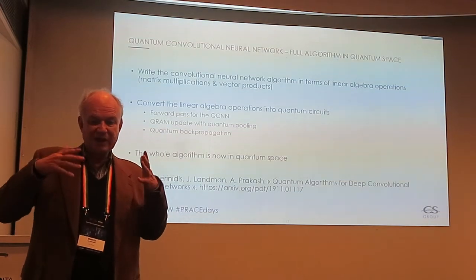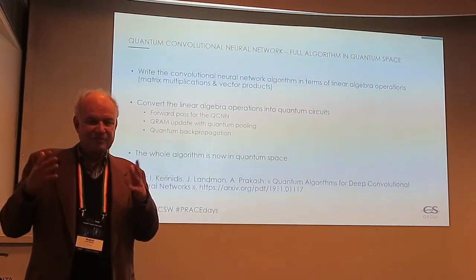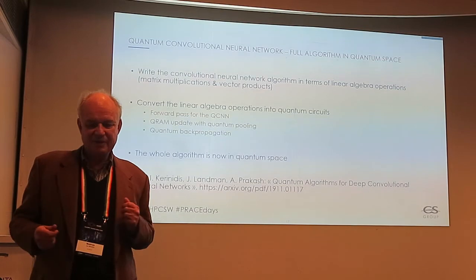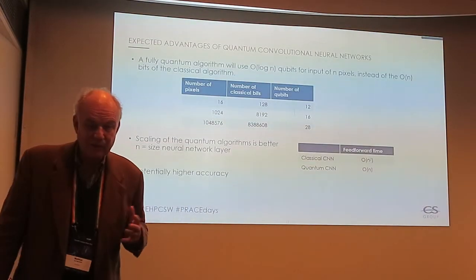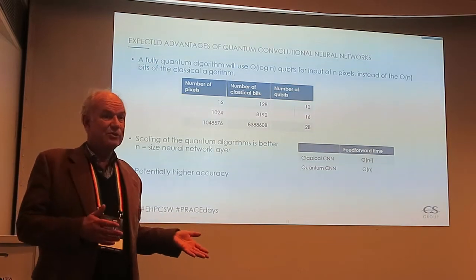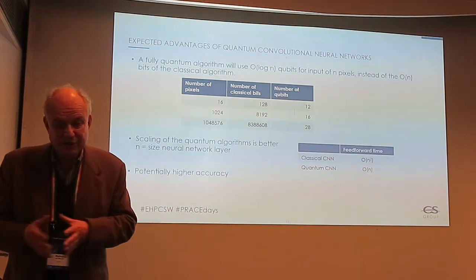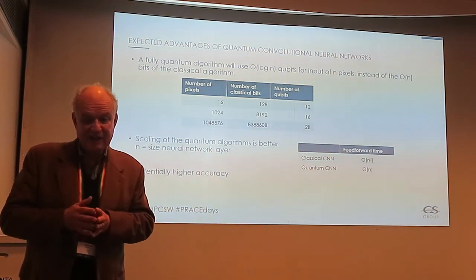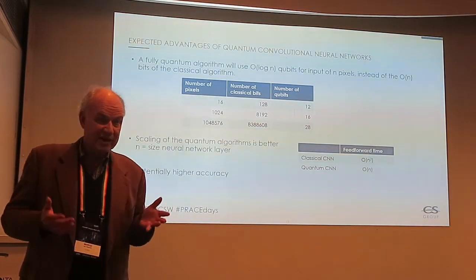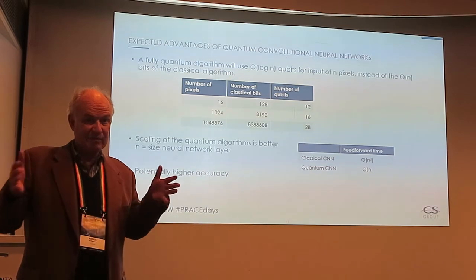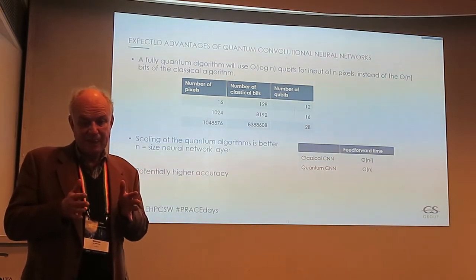Just to show you that this is a logical next step. If we manage to do that, then the advantages we expect are, firstly, that we use log n qubits for the input of n pixels, so we manage to put all our data on a limited number of qubits.